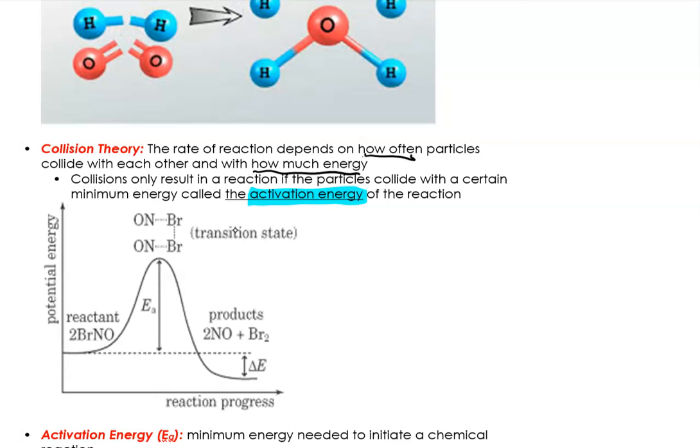We have our reactant and our product. In order to get from the reactant to the product, it needs to overcome the activation energy. If there's not enough energy to overcome it, then it will stay as a reactant and the reaction will not progress.